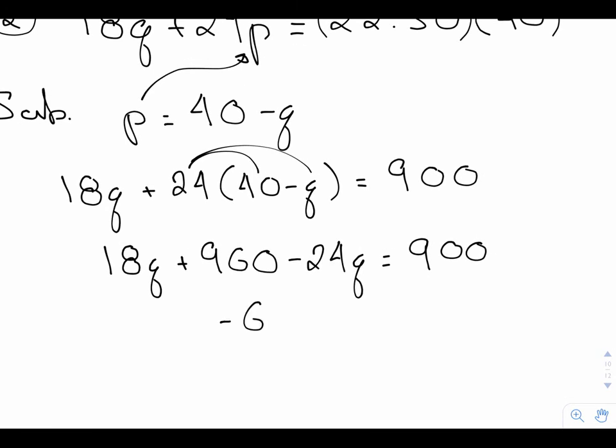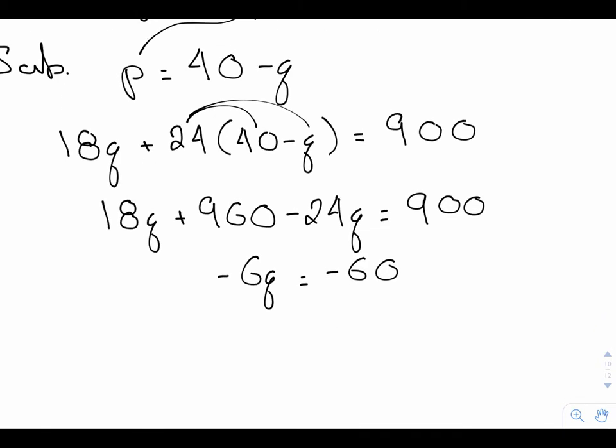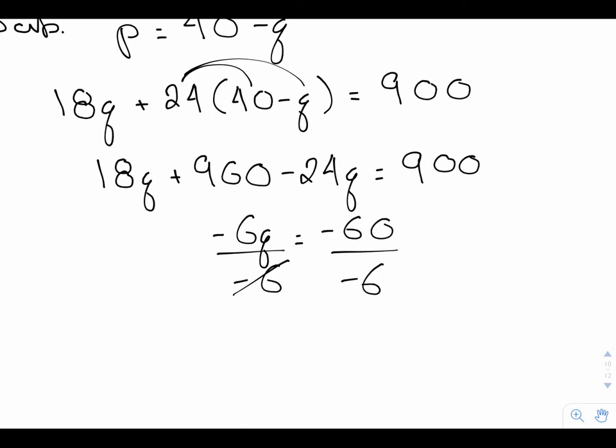Rearrange, I get negative 6Q is equal to negative 60. Because I bring the 960 over, subtract that from the 900. Again, I'm just going to clean this up so it's legible, but you understand where things are coming from. Divide both sides by negative 6, cancel, cancel, and I'm left with Q is equal to 10.